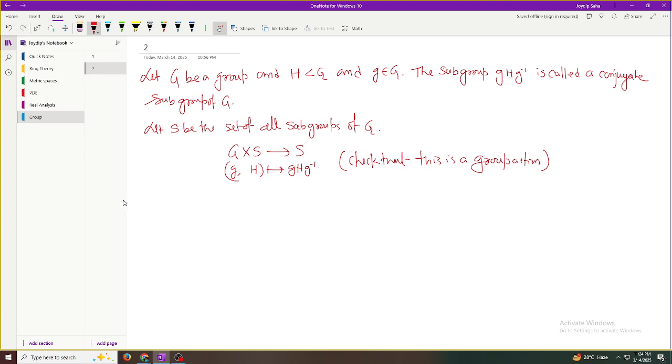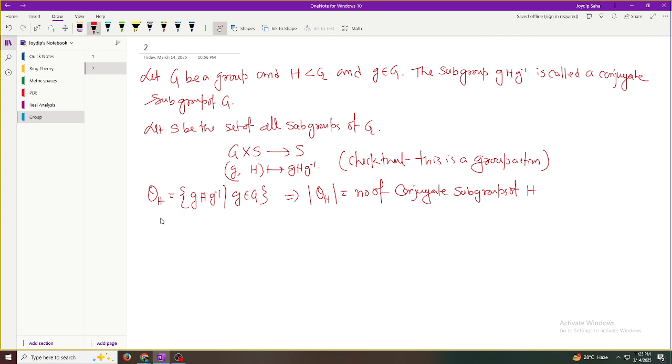Similarly, what is OH? The cardinality of OH is the number of conjugate subgroups of H.